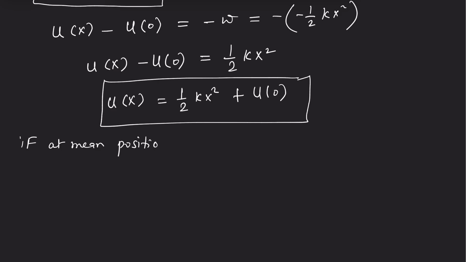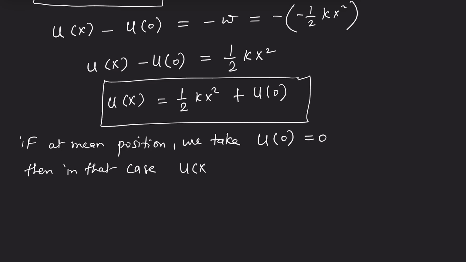If at mean position we take U0 equal to 0, then in that case Ux will be simply half kx square. This is okay.